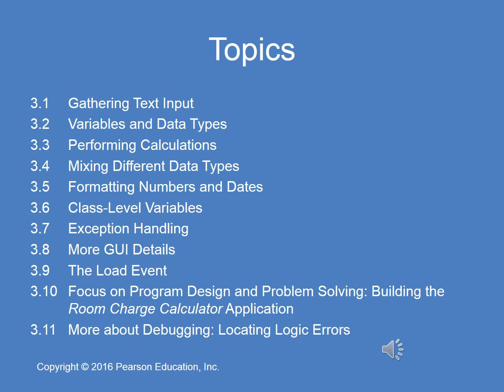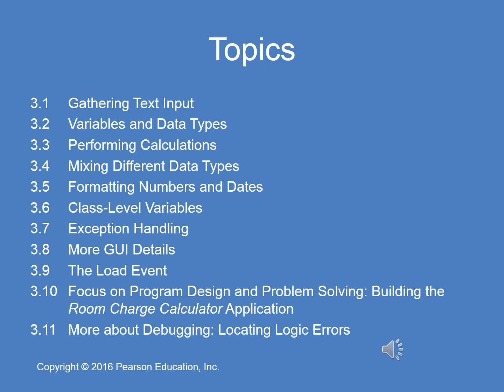So we're going to talk about text input, variables that can store that input, and the different data types of variables. And then we will start to perform basic calculations. Calculations will use both constants and variable data.